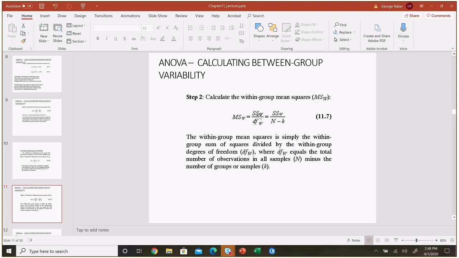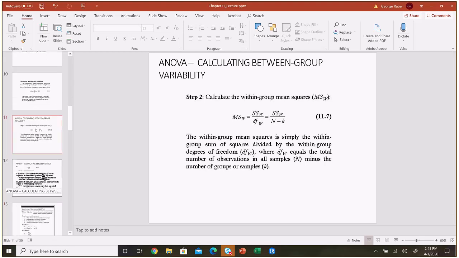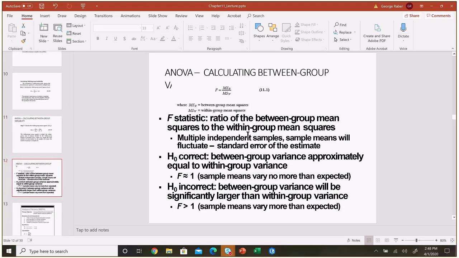So we need to find the variance in each group and then weight them, and that's what this does. All right. So finally, once we take the ratio of those two, we get a number. And the number that we get is the ratio of between group variance to within group variance, and it creates a statistic that's called the F statistic.